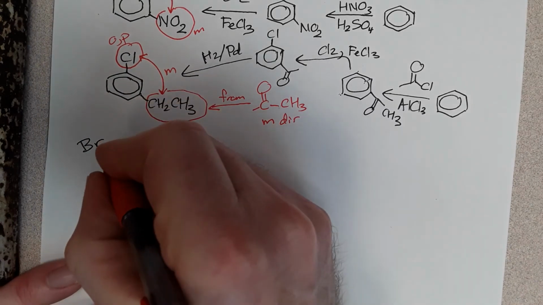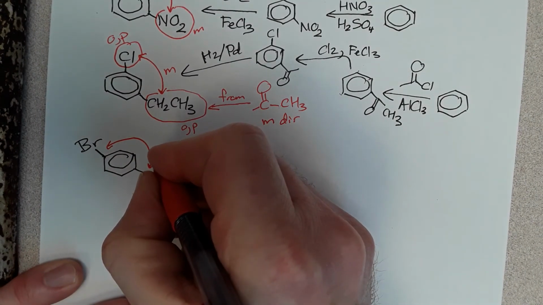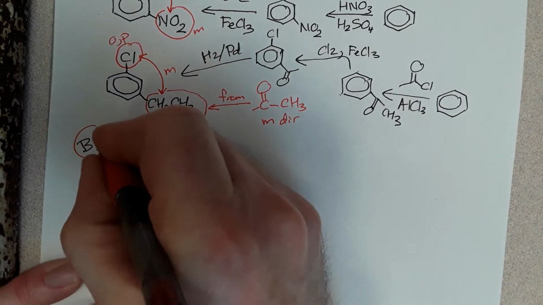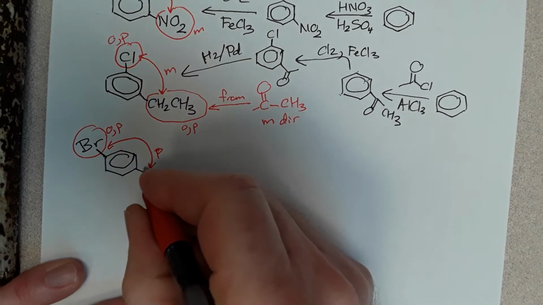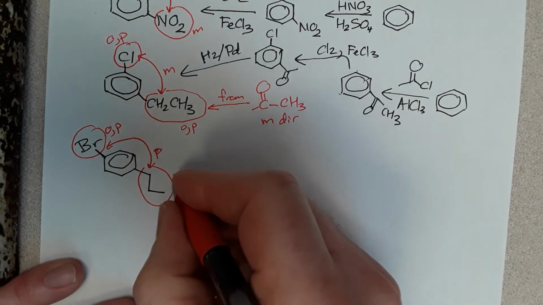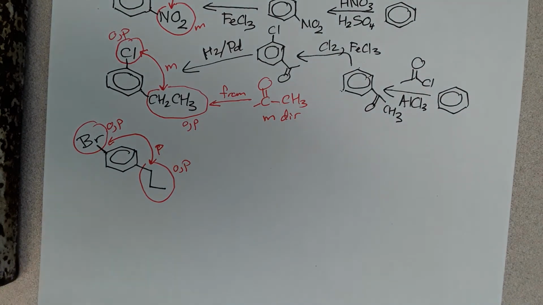Okay, so you've gone through the process. These are in a para relationship. Bromine is an ortho-para director, and the propyl group is also an ortho-para director. Okay, so no problem at all, right?